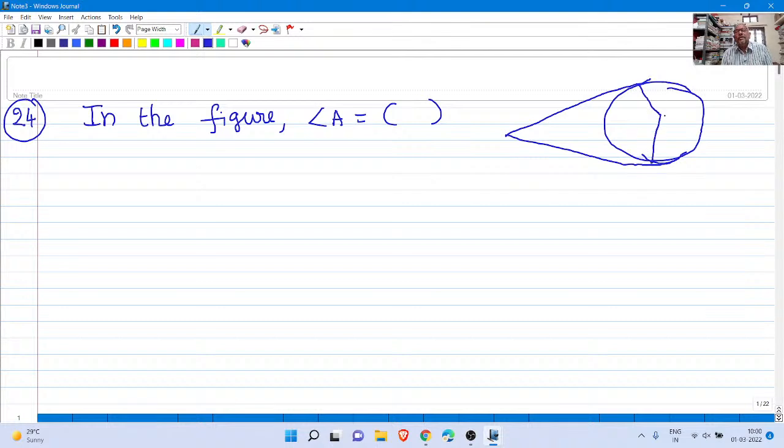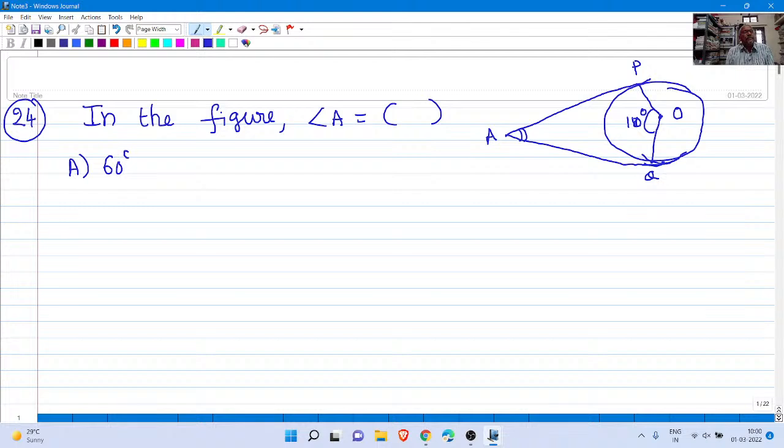Right, this is the center O. This is 110 degrees. So this is P, this is Q, this is A. We need this angle. So A is actually the supplement of this angle that we need to find out.